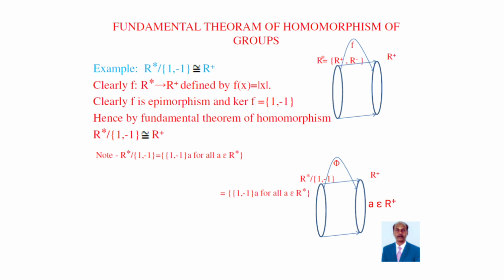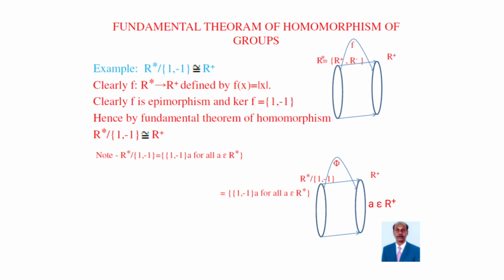If you look at the picture clearly, every element in the domain set has an image in R plus, but it is not one-one. But at the same time, every element in the codomain set has a pre-image, so it is onto.